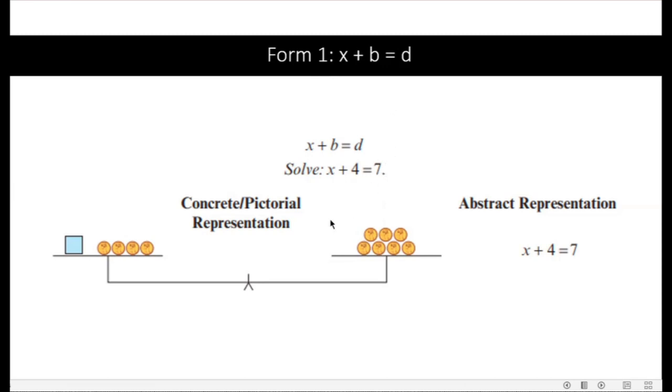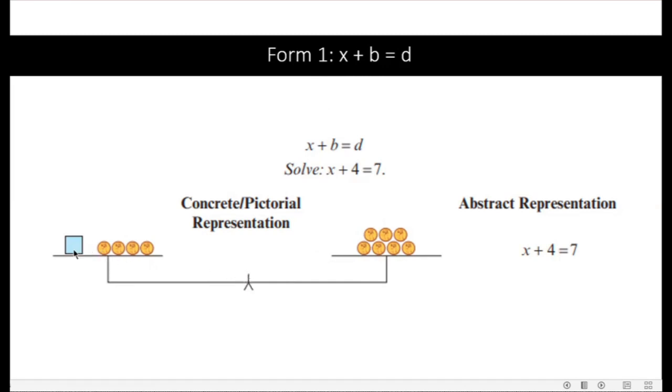So we have two illustrations for that form, x plus b equals d. For example, solve x plus 4 equals 7. For a concrete or pictorial representation, we use a form such as a balance or scale.